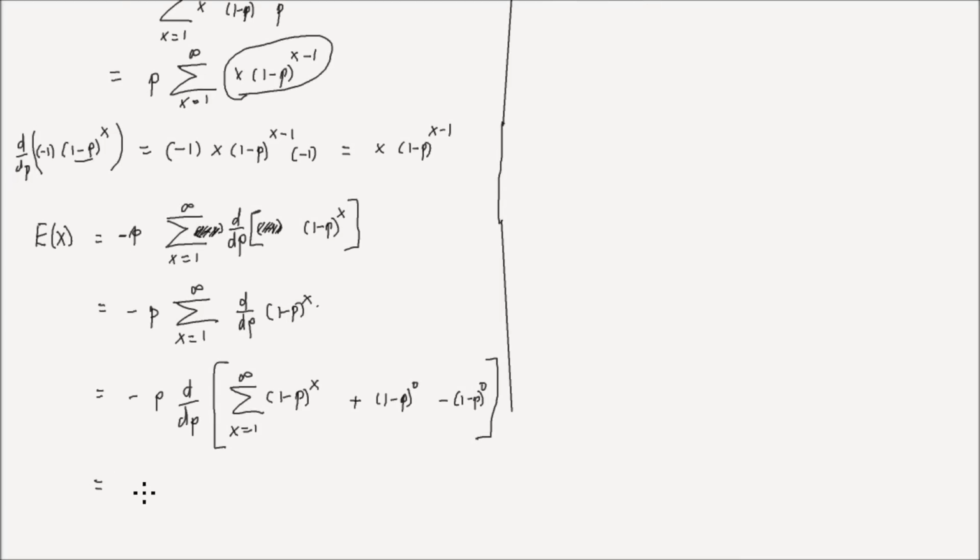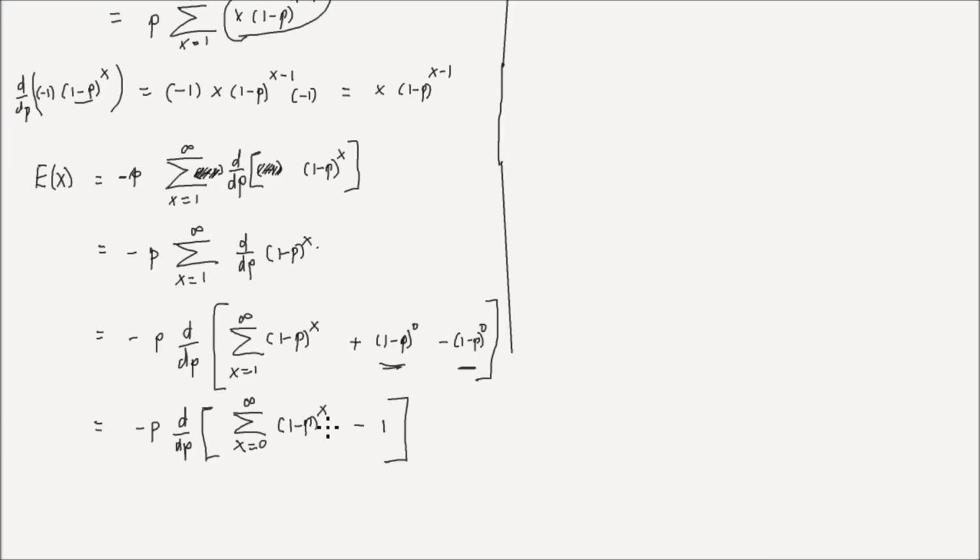This would be equal to negative p times the derivative with respect to p of the sum x starting from 0 to infinity of 1 minus p to the power of x minus 1 minus p to the power of 0, which is 1. The reason why I did this is to have the index of the summation start from 0 instead of 1.